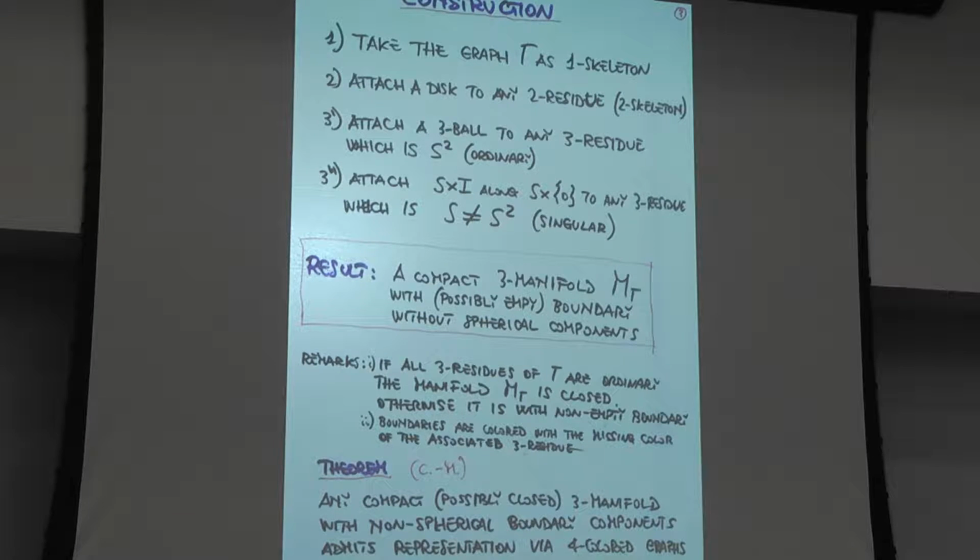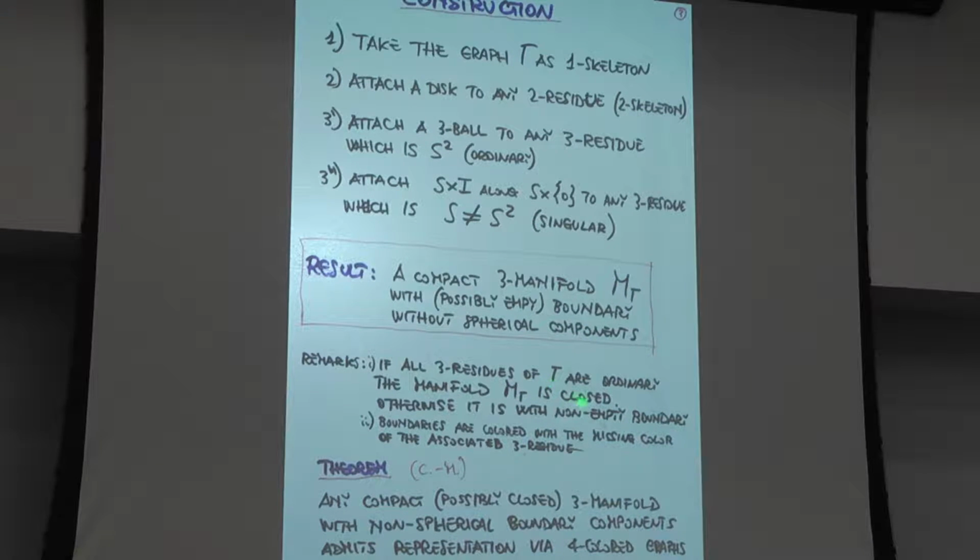You just give a three-dimensional thickness to that surface. So at the end of the story, we obtain a three-dimensional compact manifold with possibly empty boundary, but the boundary has no spherical components because we fill all spheres by balls. Of course, boundary components correspond to singular three residues.